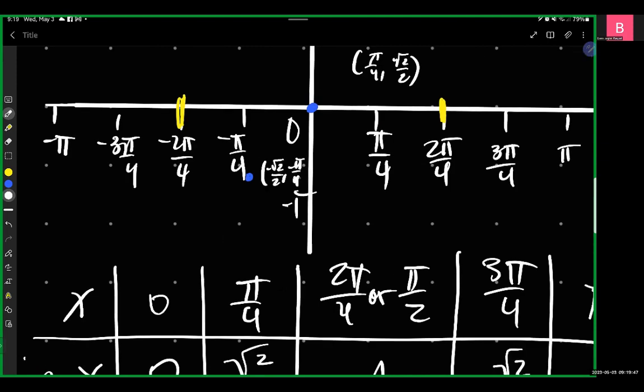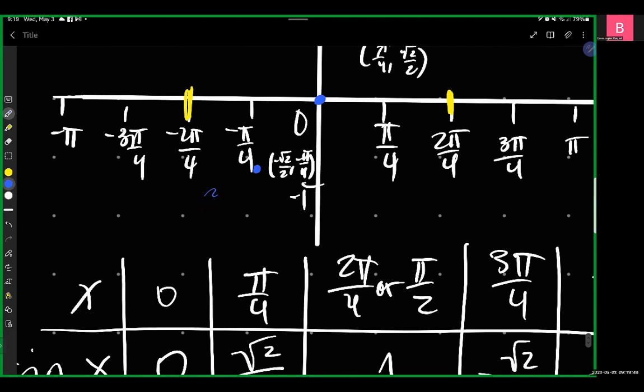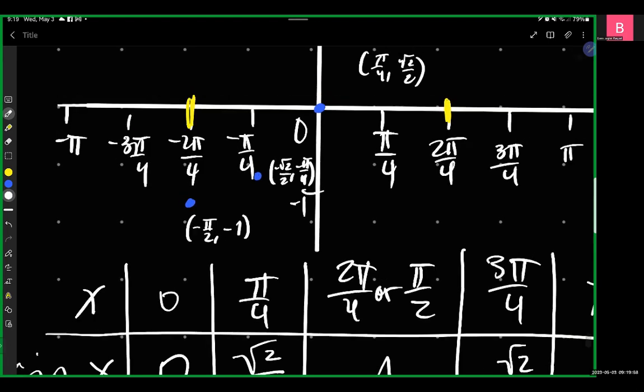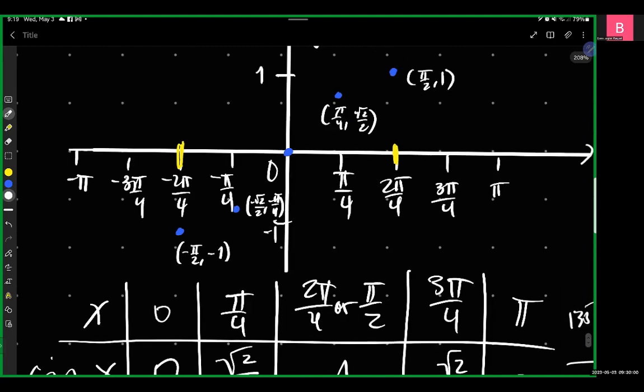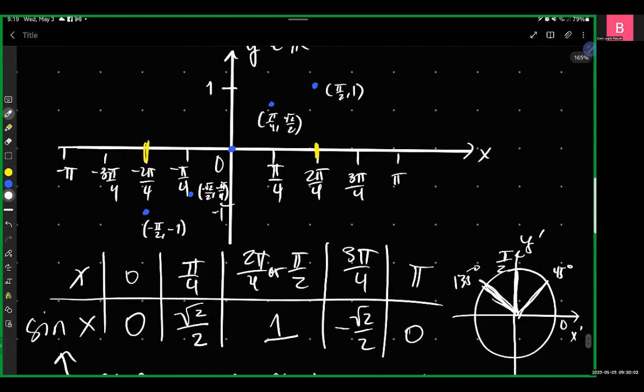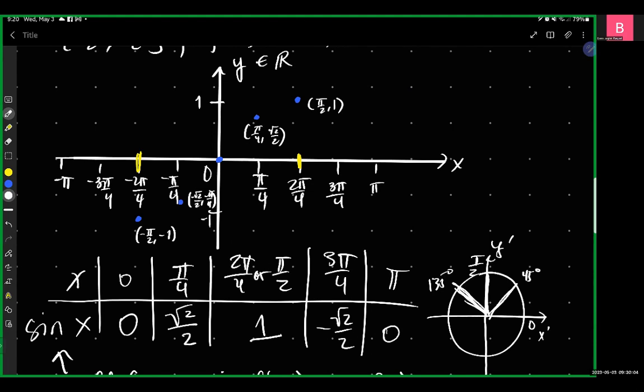And the last value is negative pi over 2 and negative 1. Okay? Right? Yes, correct. So, let's connect the dots.